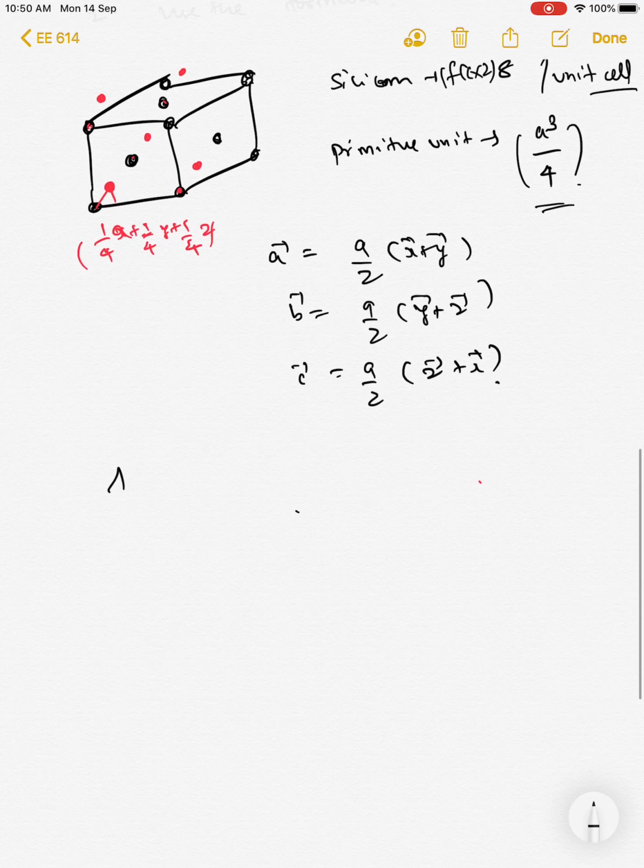Now the reciprocal lattice A is basically 2 pi into b cross c by a dot b cross c, right?